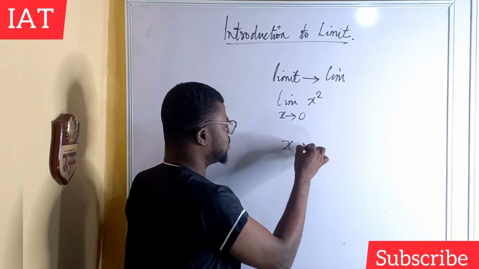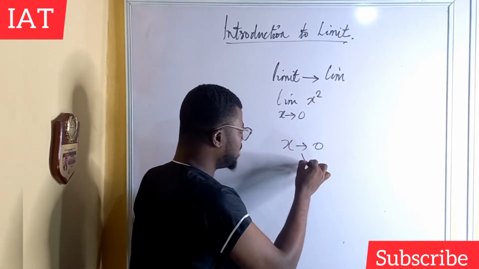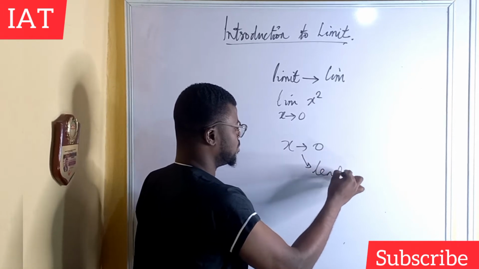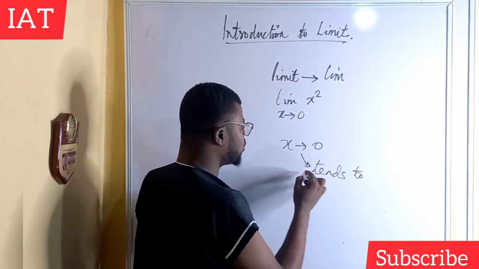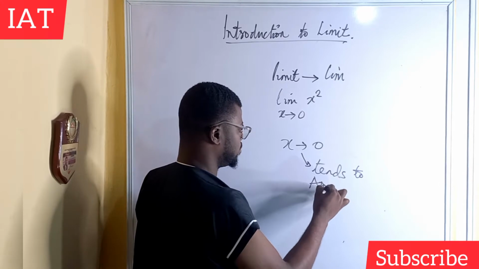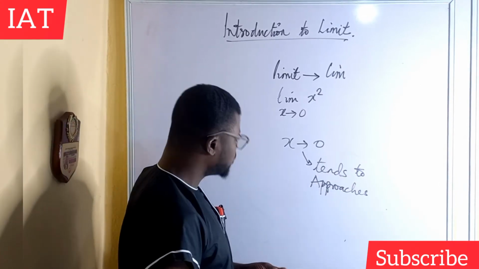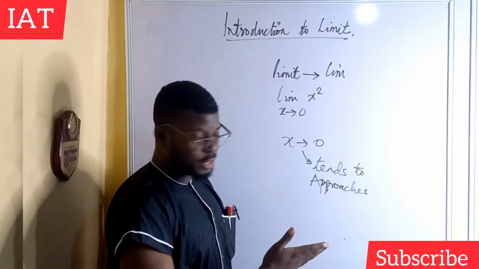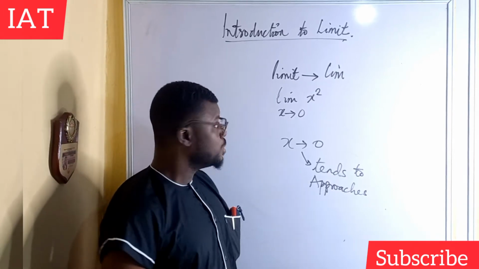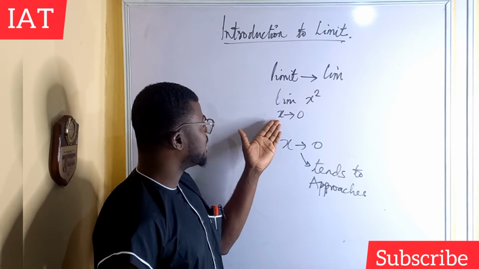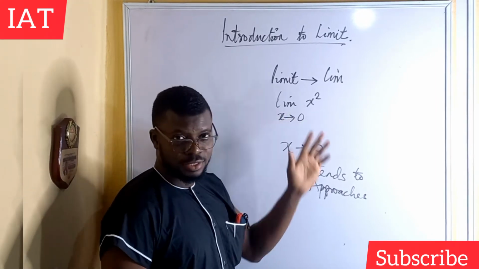X tends to 0. The arrow symbol here stands for tends to, or you can also call it approaches. So this means x approaches 0 or x tends to 0. So here we can read it as limit as x tends to 0 of x squared. So that's how we read it.